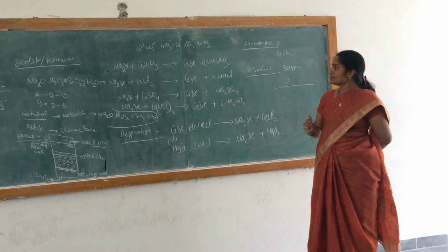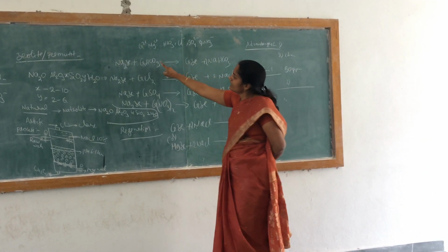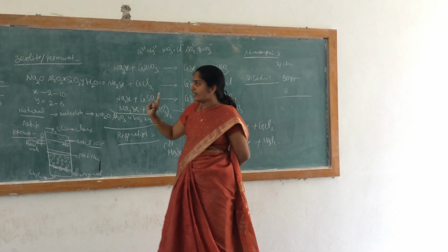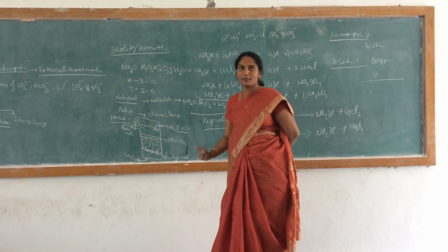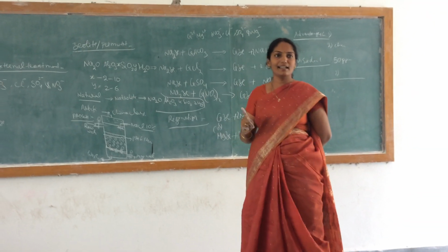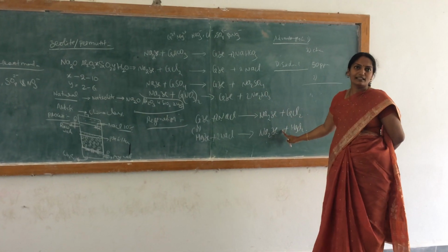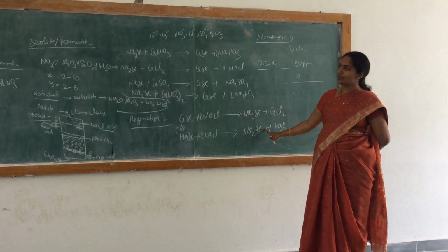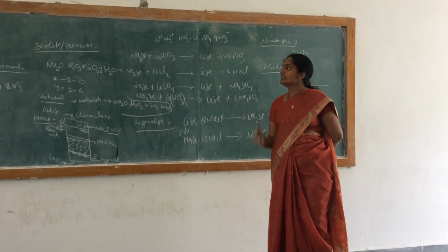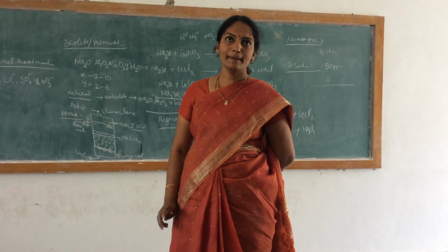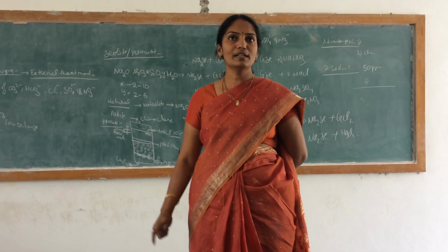In the zeolite process only cations are removed, and in the ion exchange process both cations and anions can be removed. Okay, this is today's topic, the zeolite or permutit process. Now it is clear. Now we will go for the problem.